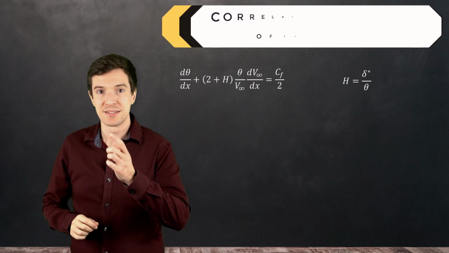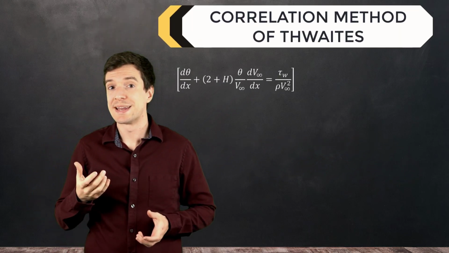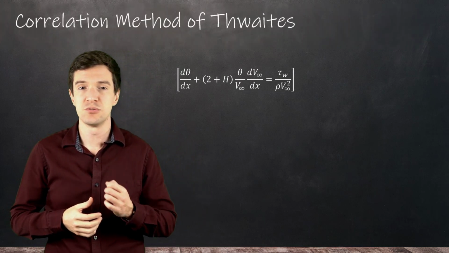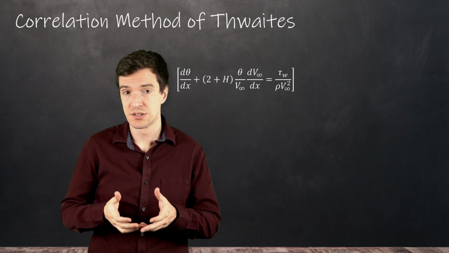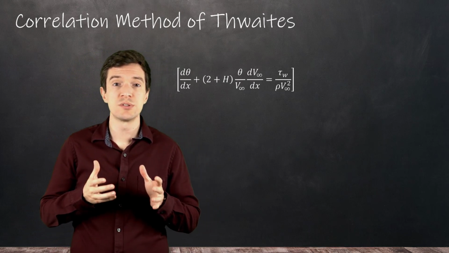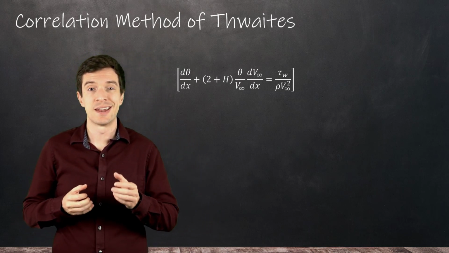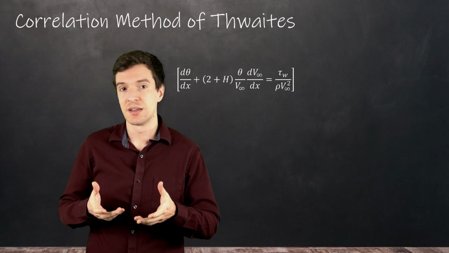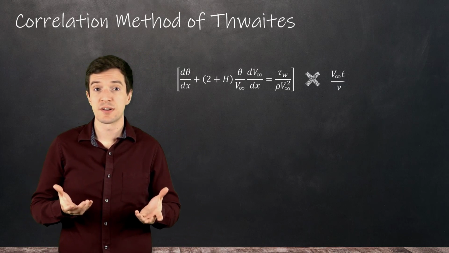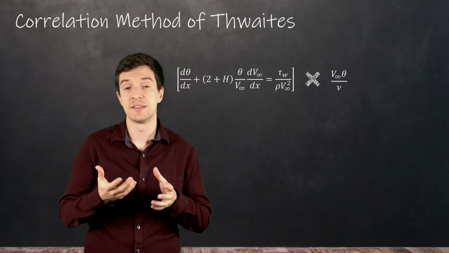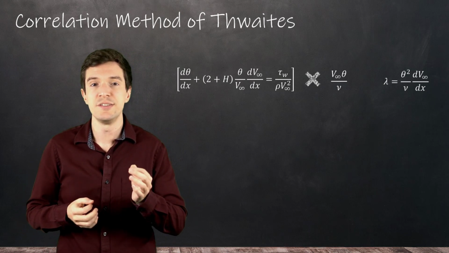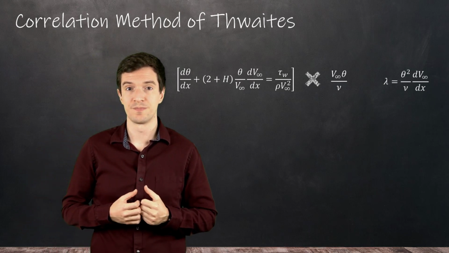Now, starting from this equation, we can introduce the correlation method of Thwaites to develop a solution based on correlations that works for non-zero pressure gradients and up to the separation point. The idea is to multiply the Karman relation by a factor and define a correlation parameter lambda to develop a new form of the equation.